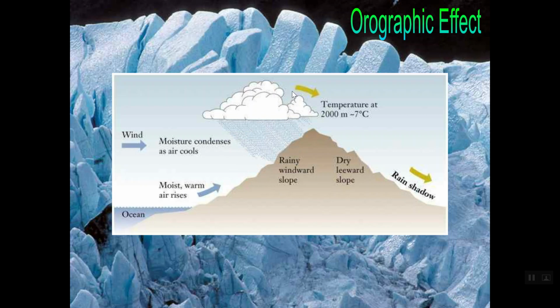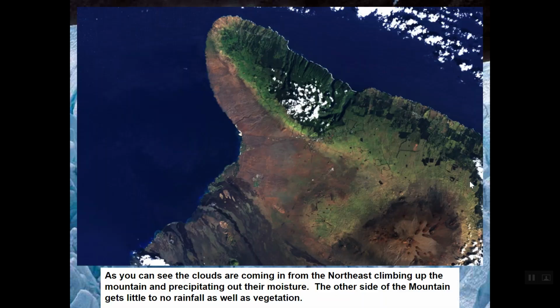But now we've rained out. As we get on this side, the dry leeward slope, we have what's called a rain shadow, and we don't have any rain on the backside. So when you look at a map, you may see green on the wet windward side, and you may see brown on the leeward side, the opposite side from where the wind comes from.